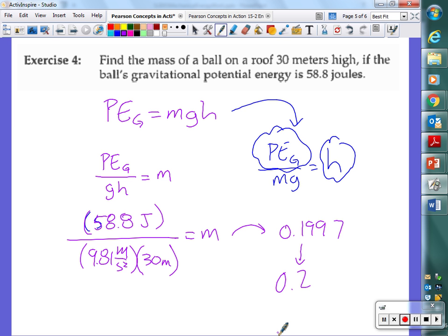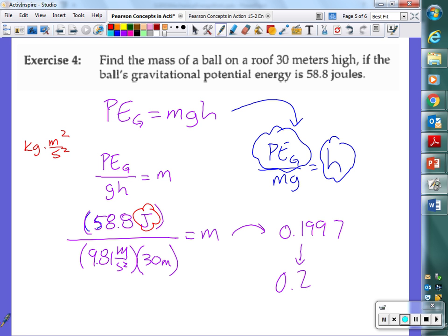So, now, unit-wise, just knowing what we should know, what unit should we end up with in this problem? Kilograms, right? That's our unit for mass. So, we have joules on the top, and meters per second squared and meters on the bottom, right? Do you remember the combination that makes up joules? We just talked about it, right? Here, this is really kilograms times meters squared over seconds squared.